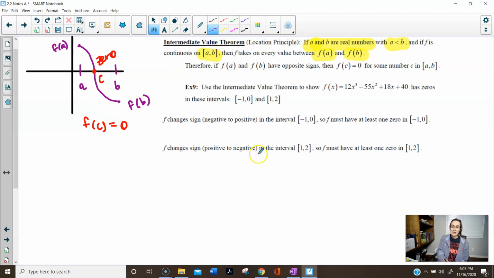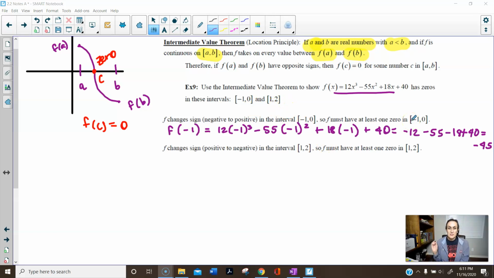So let's try example 9. It says we're going to use the intermediate value theorem to show that f of x has zeros between -1 and 0 and 1 and 2. So starting with -1, what you'll do is you'll take f of x and you'll plug in -1.